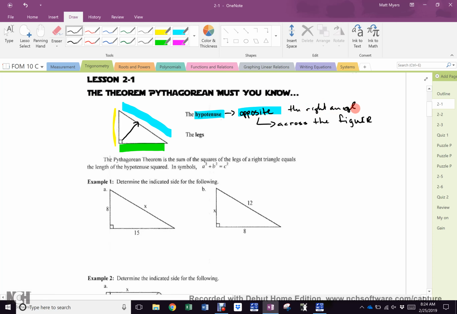Now, how do I know I have a right angle? It has the little box. If the little box is not there, is that a 90-degree triangle? No. Everybody with me? Right now, it is not a 90-degree triangle. What if I told you this side was 3, this side was 4, and this side was 5, but I didn't put that there?